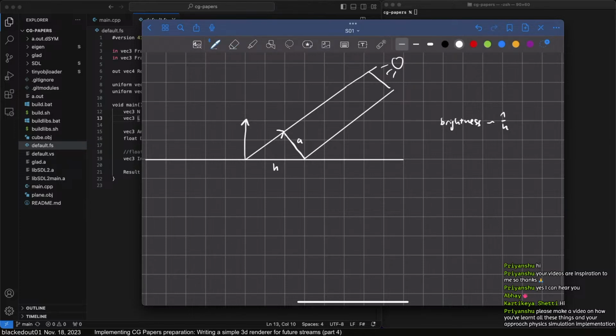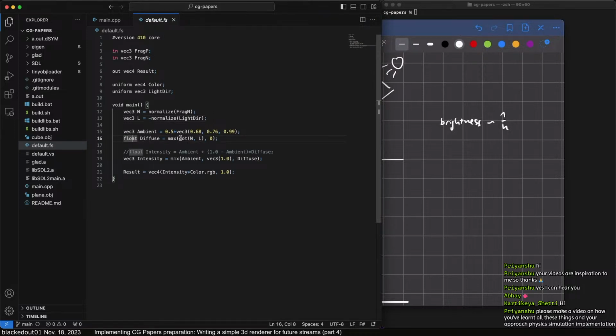For that, we can compute this angle here. This is the cosine. Since n, the normal vector, and the L vector are normalized, this is just the dot product of n and L. But also this angle is the same as this angle here, because this here is a right triangle.